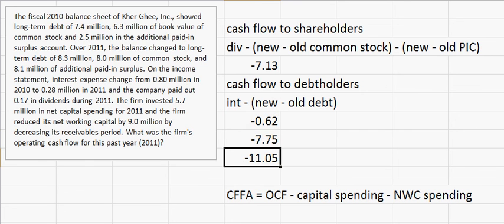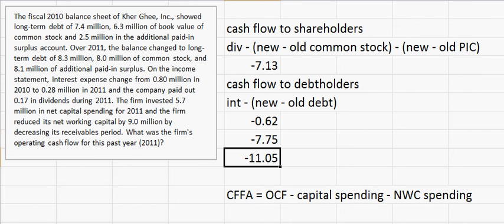You can think about it this way. In terms of cash flow from assets, we needed to raise $7.75 million. That's how much we needed to raise. Now, that was made worse because we spent $5.7 million in capital spending. But with net working capital, we recovered $9 million, so that made it $9 million better.